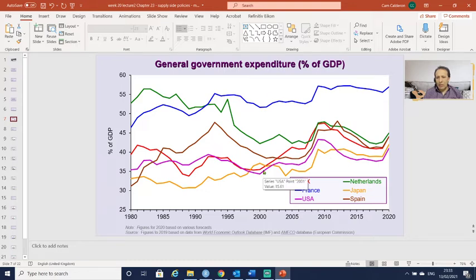Particularly, the UK is very similar to the United States, but after 2000, I think the United Kingdom has followed more the steps of the Netherlands in terms of increasing the size of the government and government expenditure as a percentage of GDP.